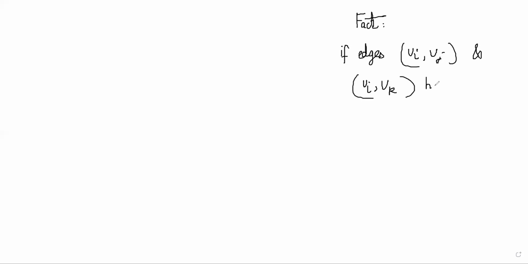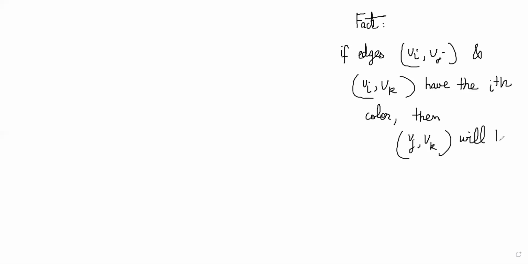I'll do it on the next screen. So one fact that we'll be using is that if edges Vi, Vj and Vi, Vk have the ith color, then Vj, Vk will also have an edge of the ith color.